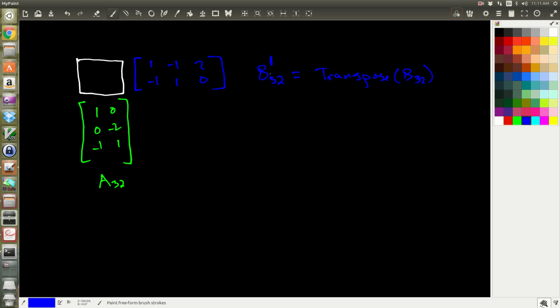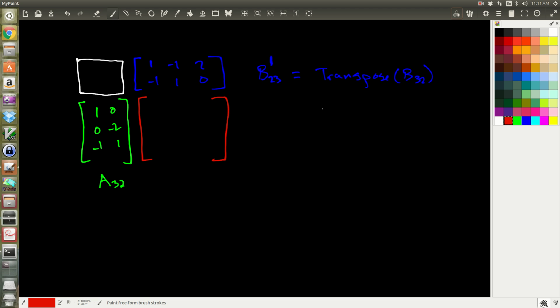And so now it actually has 2 rows and 3 columns. We could indicate that here, just to be clear: 2, 3. So B transpose has 2 rows and 3 columns. Now we can multiply them together, and if we did that, we'd get a matrix that was 3 by 3. Okay?